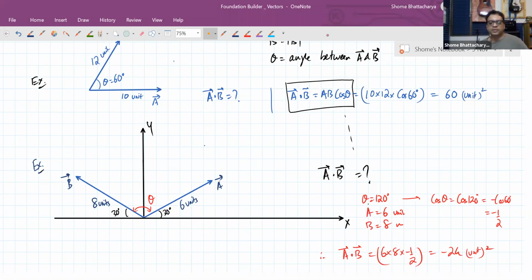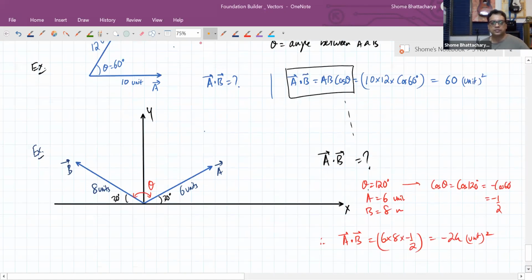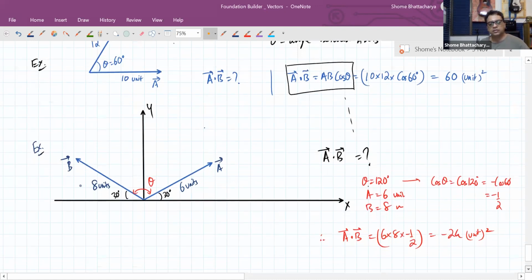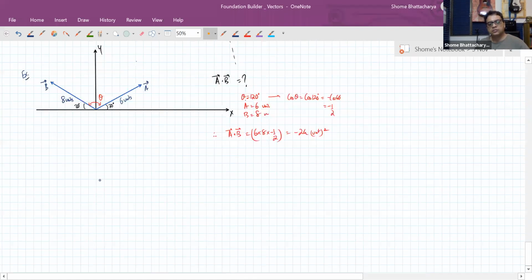So this is an important aspect of dot product. Dot product can have a negative value. It's a scalar quantity but with algebraic sign plus or minus. So that brings us to this property. From this definition, A dot B is a scalar.